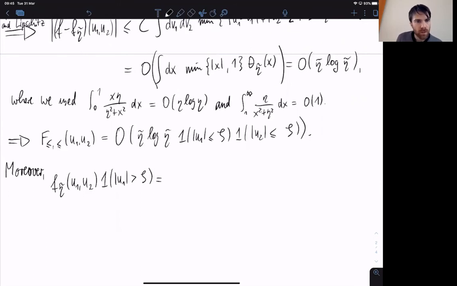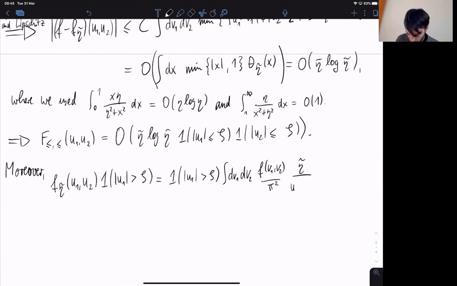We just plug in the definitions, so 2 pi squared, and then here I have the eta tilde of u1, v1, eta tilde squared, and then the same guy with u2 and v2.